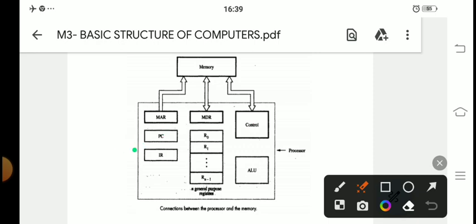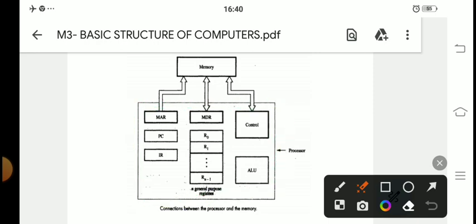PC means program counter, and there is the instruction register. These are the general purpose registers R0 to Rn-1. What is n? n is the number of bits in a word. For example, if we consider 32 bits of information retrieved at a time, then R0, R1 up to Rn-1, so till R31. Then this is the control and ALU, arithmetic and logic unit. This whole box indicates a processor.